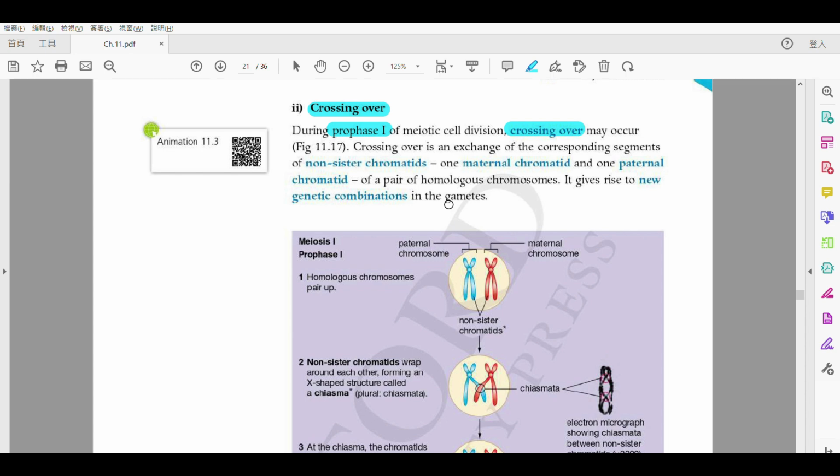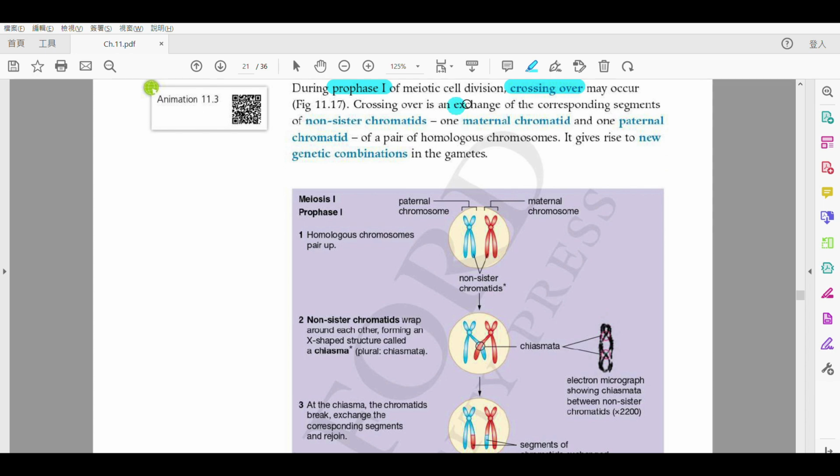Overlapping randomly. It is an exchange of corresponding segments. First, you need to know the word corresponding. There is an exchange of materials in the corresponding segments. But notice one thing: remember we are talking about non-sister chromatids. If it is sister chromatids, imagine this is the left leg and this is the right leg. If they cross over, will there be any change? No, because they are the same.